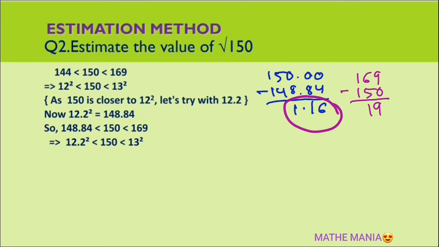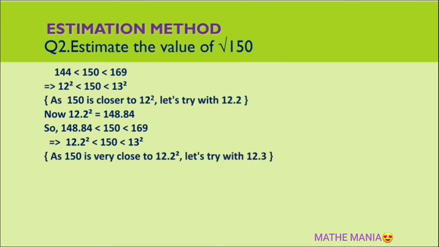So the next number which we take will be closer to 12.2. Let's try with 12.3. So finding the square and replacing one of the two previous numbers by this new number, we get 148.84 is less than 150 is less than 151.29, which implies 12.2 square is less than 150 is less than 12.3 square.